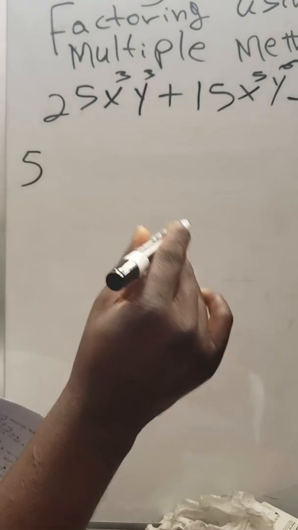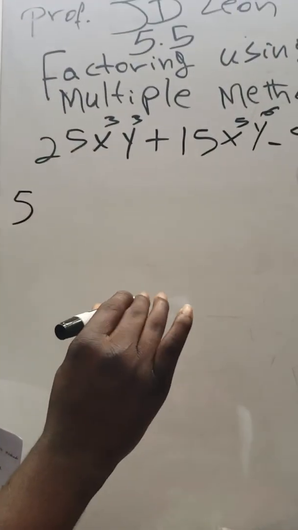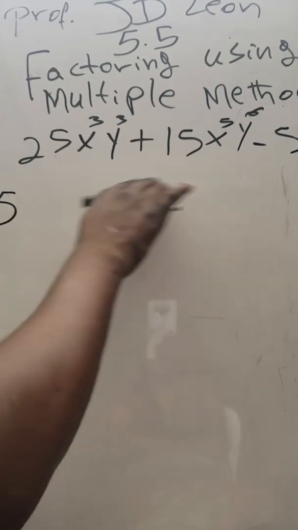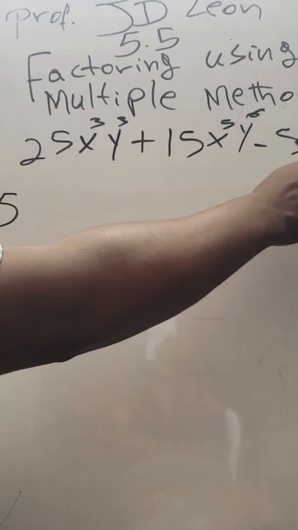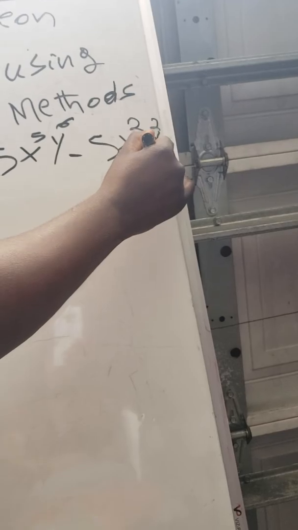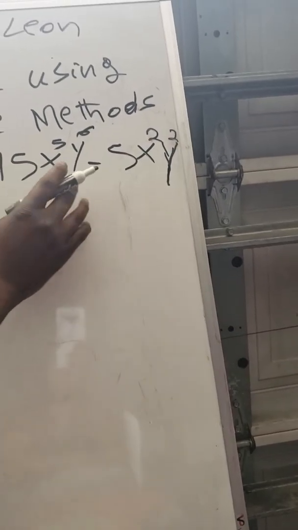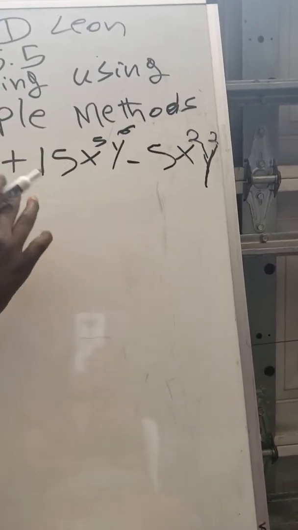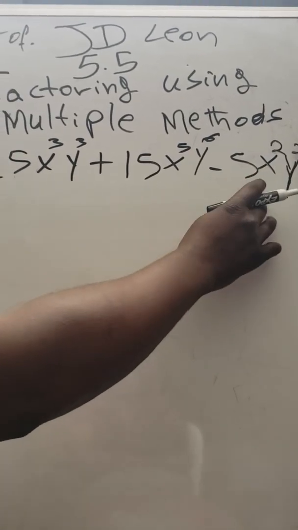What about the variable? Remember, your GCF is the variable that has the lowest exponent. Looking at this, x squared and y squared are the lowest exponent variables, because then you have x to the fifth power, y to the sixth power. Those are not the lowest. The lowest is the squared.